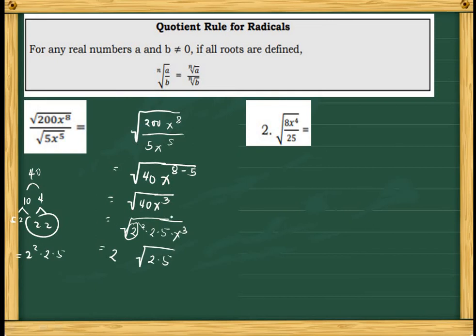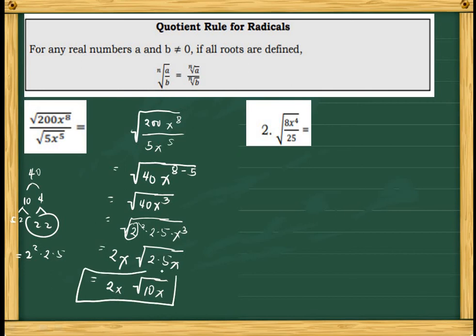Next, ang exponent ng x natin is 3. So, ilang 2 meron sa 3? So, meron tayong isang 2. So, yung x po is, yung isang x nasa labas, yung isang x ay nasa loob. Simplifying this one, 2x times square root of 2 times 5 is 10 times x is 10x.